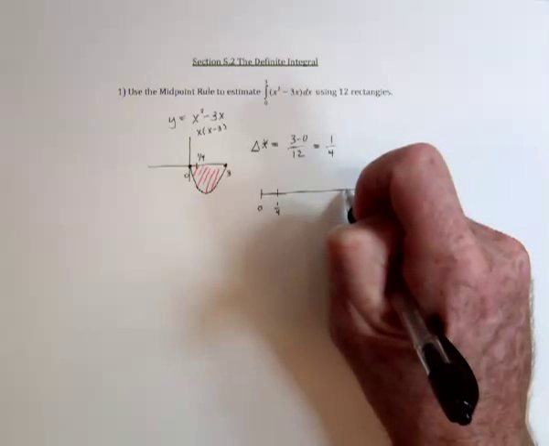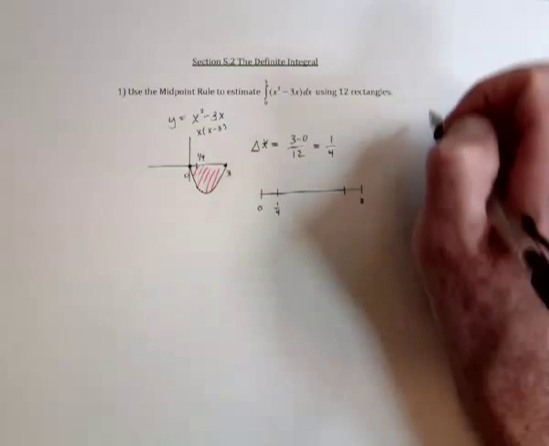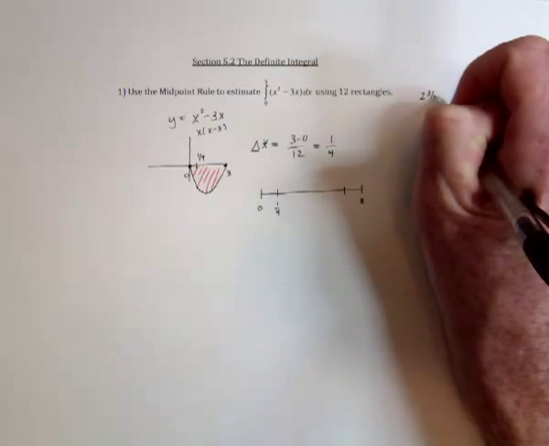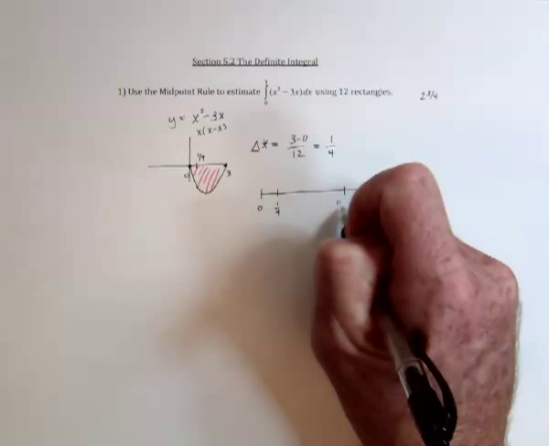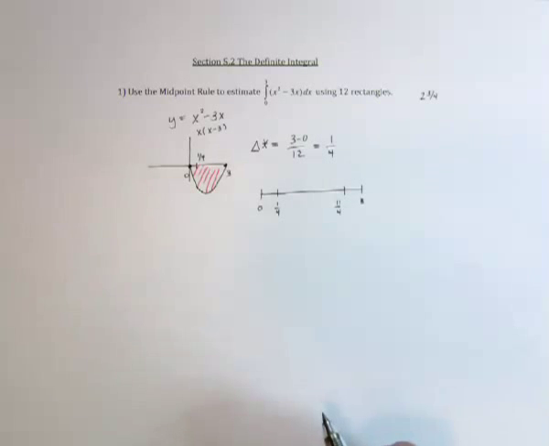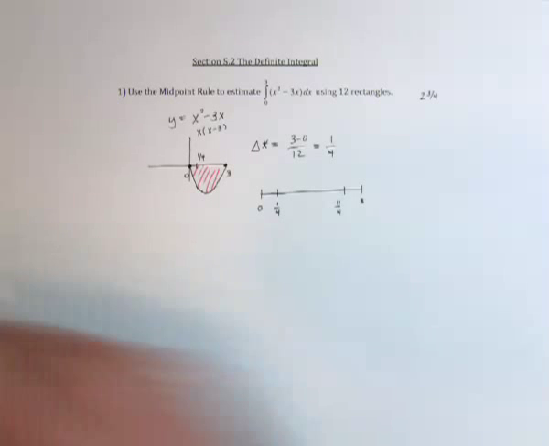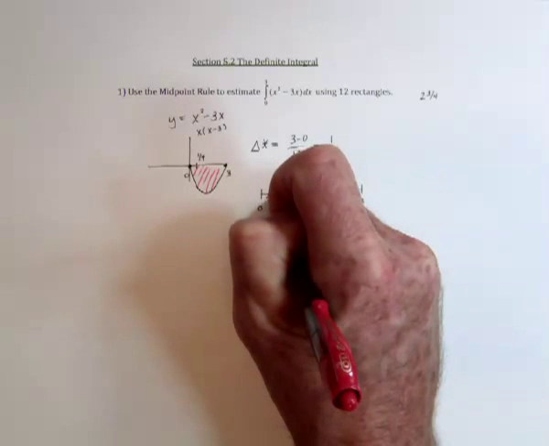And the very last rectangle would go from, let's see, it would have to be a quarter less than 3, which is 2 3/4, which is going to be 11/4. And since it says to use the midpoint rule, then we need to know, well, for this interval, where's the midpoint?